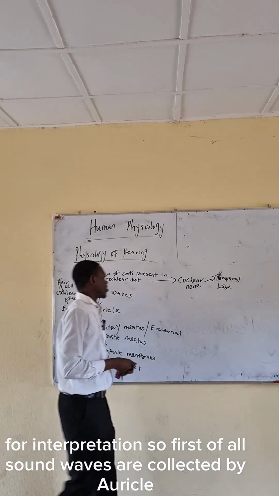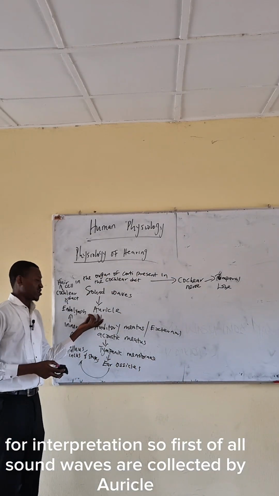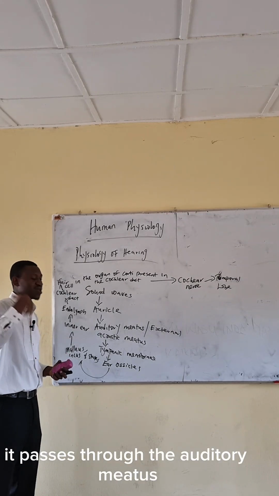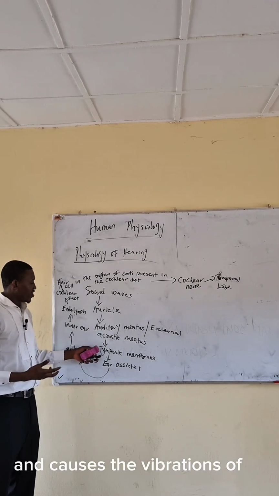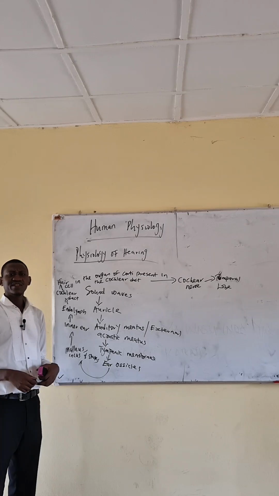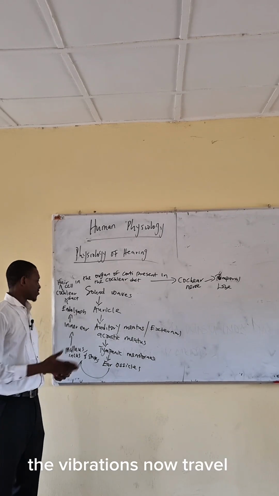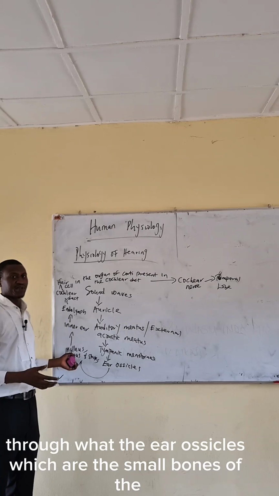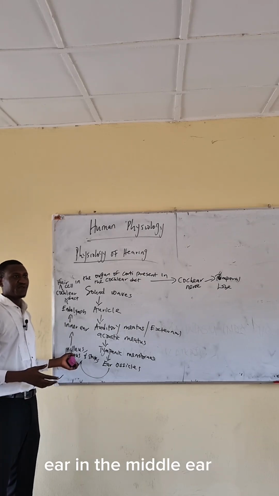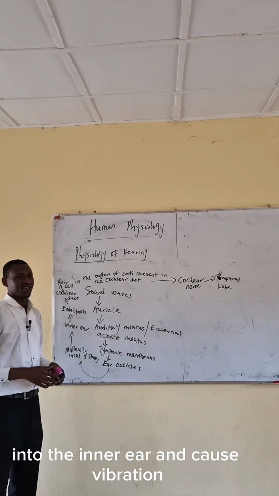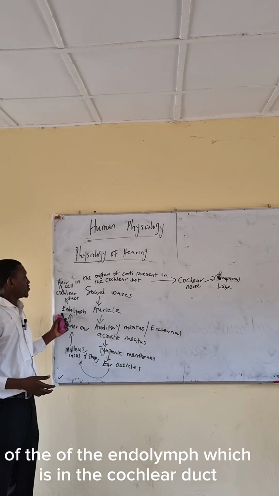For interpretation. So first of all, sound waves are collected by the auricle. When these sound waves are collected, they pass through the auditory meatus and cause vibrations of the tympanic membrane. When the tympanic membrane vibrates, the vibrations travel through what? The ear ossicles, which are the small bones of the ear in the middle ear. They begin to vibrate. This vibration travels into the inner ear and causes vibration of the endolymph, which is in the cochlear duct.